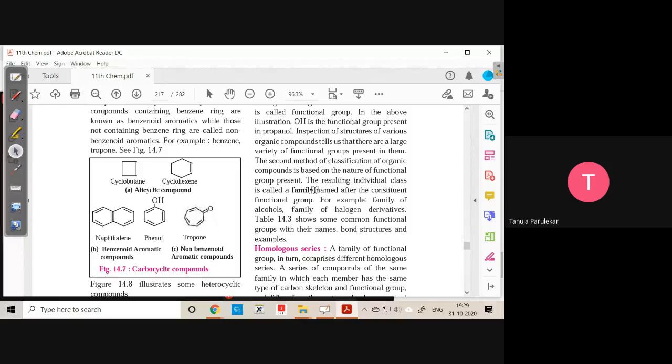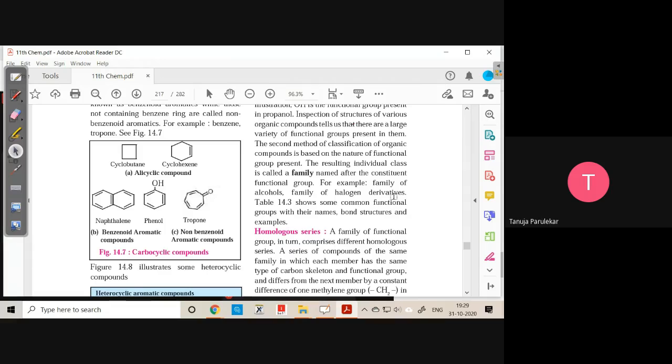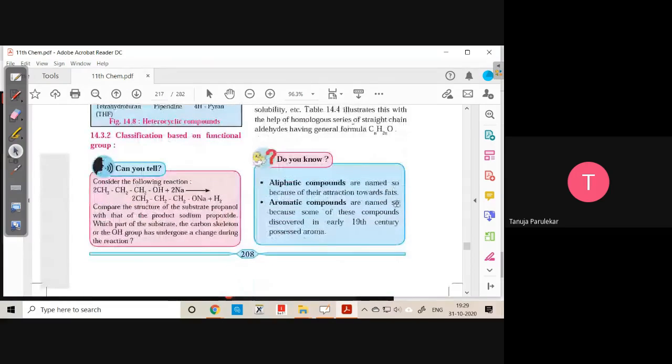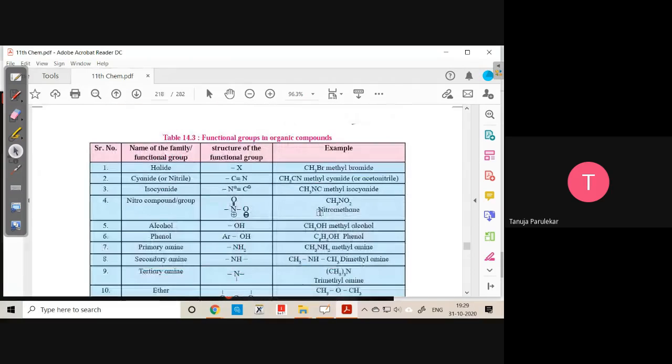Okay, so based on that, you can also have a family named after the constituent functional group. For example, a family of alcohol, a family of halogen derivatives, something like that. Table 4.3 shows some common functional groups with their names, bond structures, and examples. We'll see those later on, this is table 4.3. We'll be looking at it properly with different functional families or functional groups.